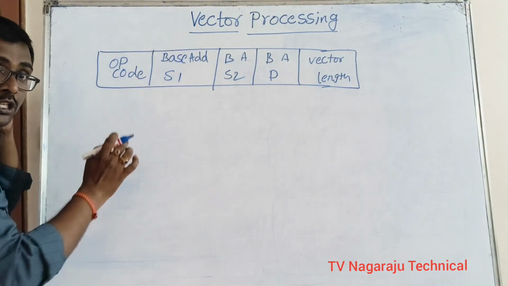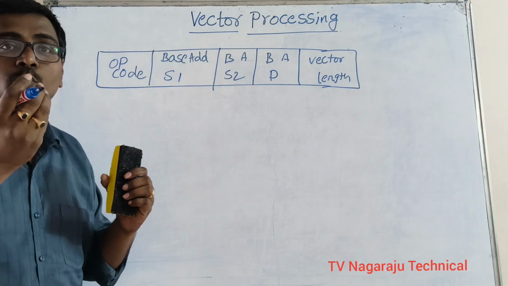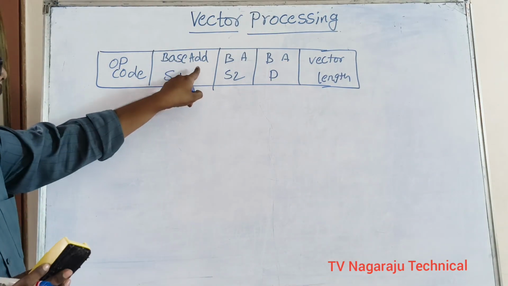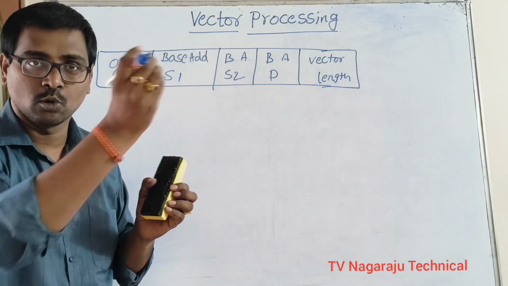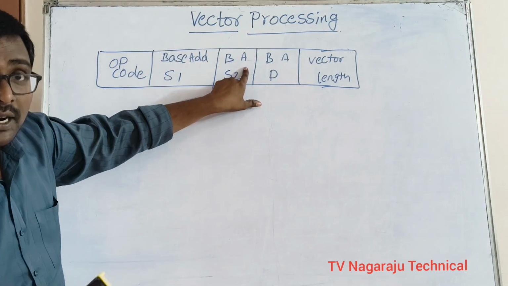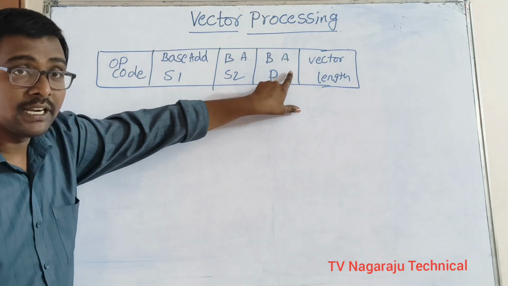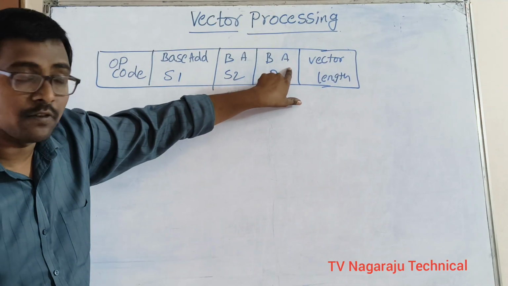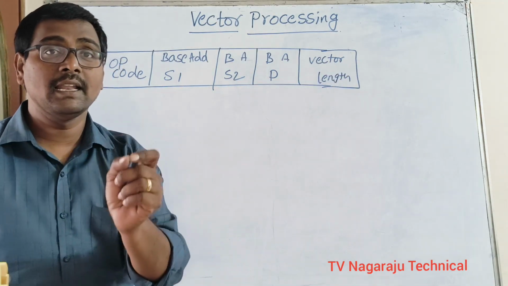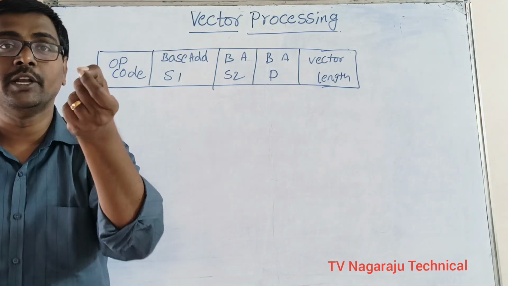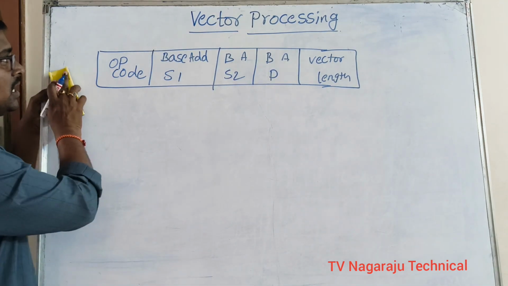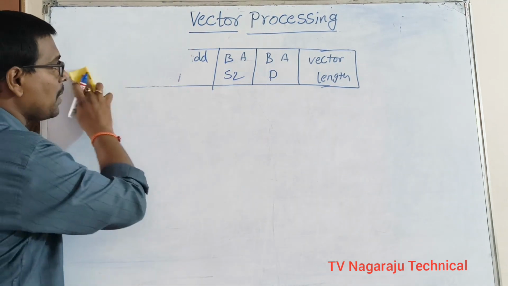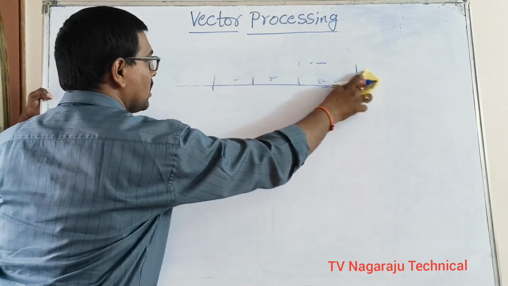The opcode specifies the operation we are going to perform. The base addresses are the starting addresses of the first source, the second source, and the destination. The vector length is how many elements you need to consider. By using this single instruction, it is very easy to perform a vector operation.